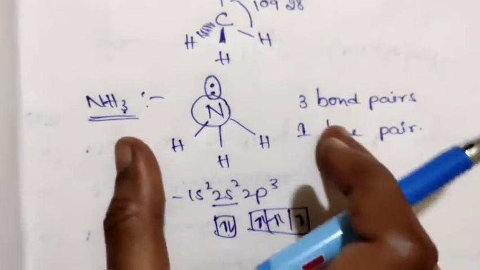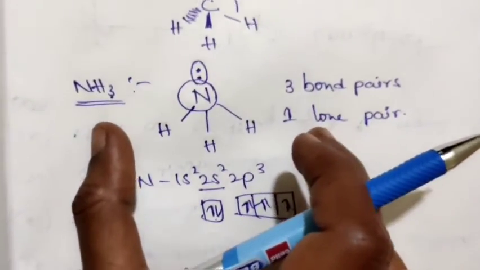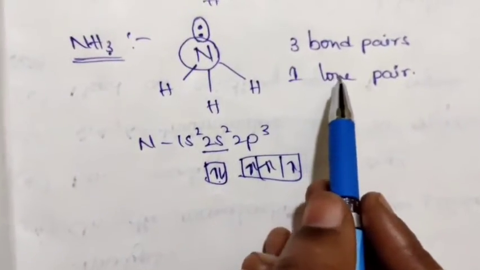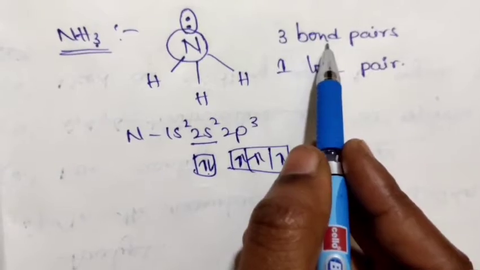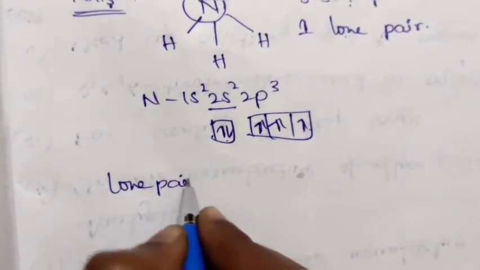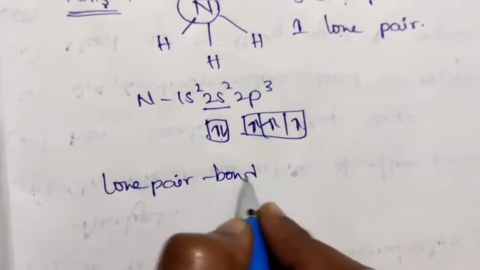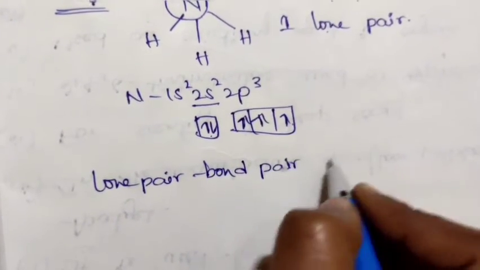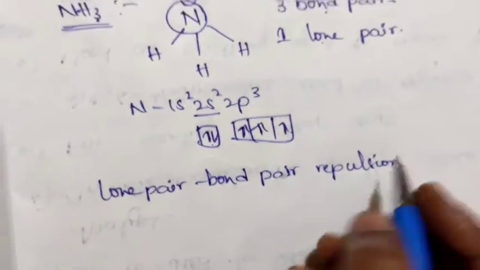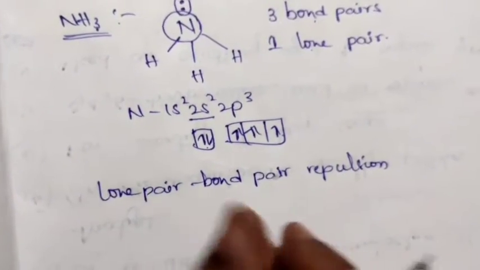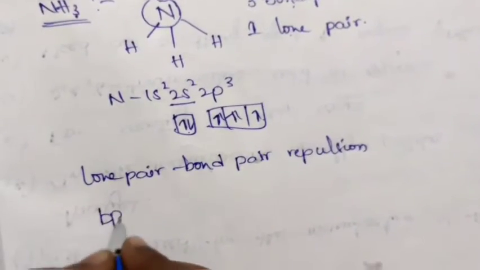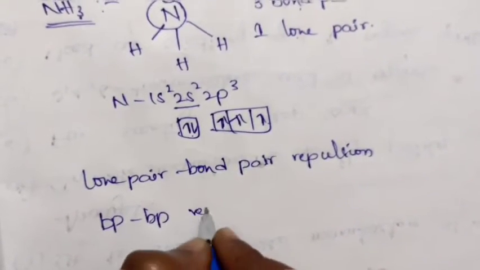In this ammonia molecule, we are having lone pair bond pair repulsion, since there is one lone pair and the others are bond pairs. Another repulsion is also present, that is bond pair bond pair repulsion.